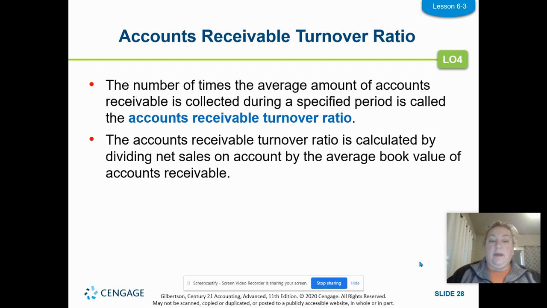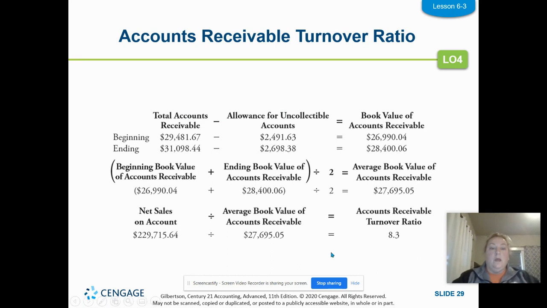So, it's calculated by dividing the net sales on account by the average book value of accounts receivable. So here we have our total of accounts receivable, our beginning and ending. Here's our different allowances. Because remember, we have a couple of different methods. And then we have our book value. So we can do it by both.